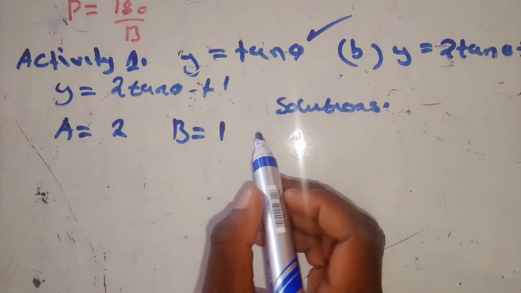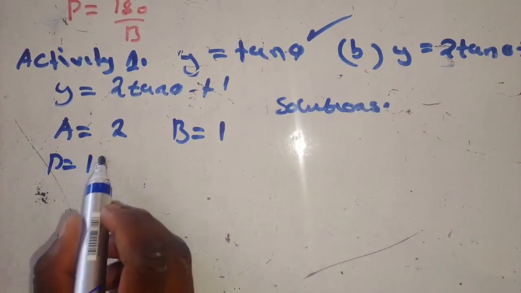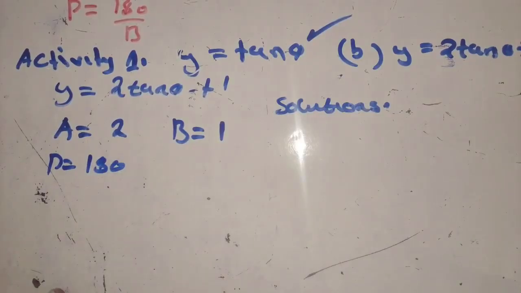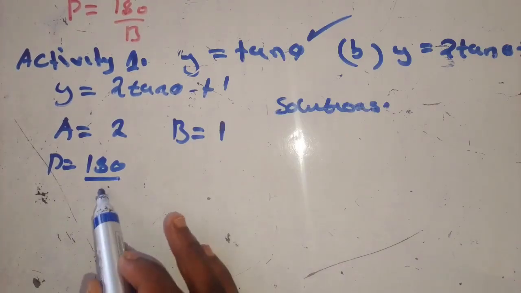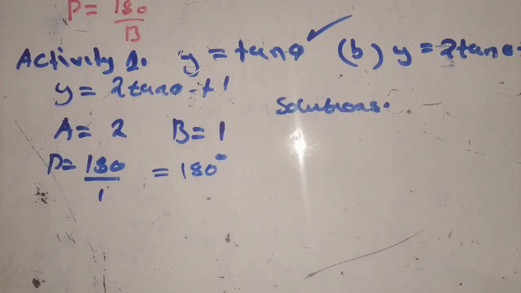Okay, so now you find your period, which is given by the formula P is equal to 180 over frequency. So our frequency is 1. Where there is frequency, we're going to put 1, and this will give us our period to be 180 degrees. So this means that our graph will end at 180.